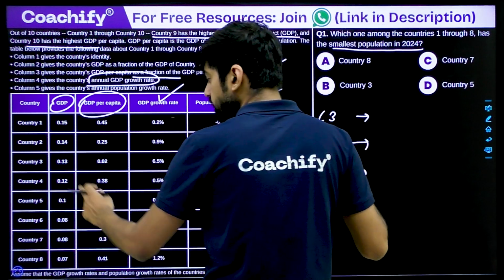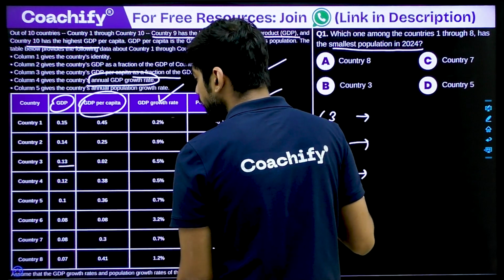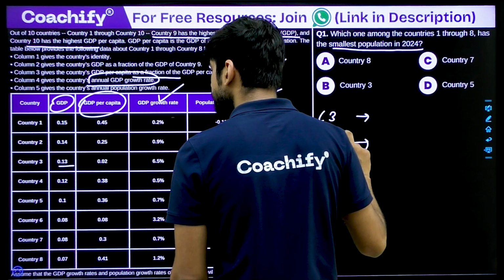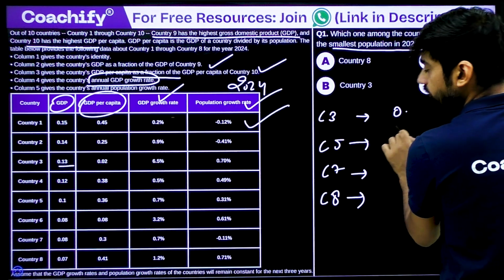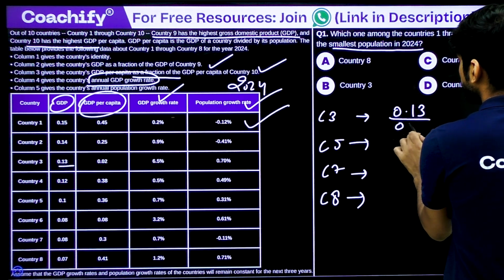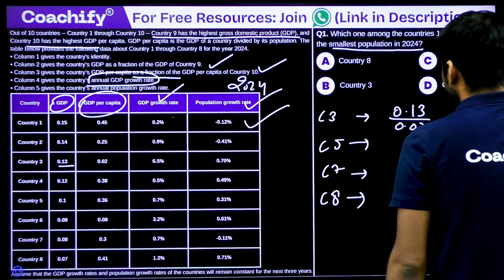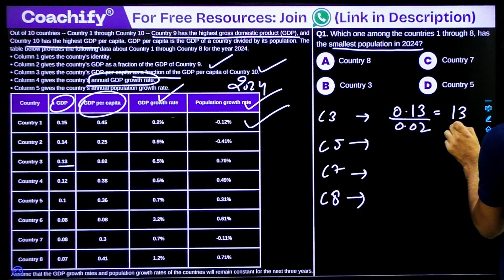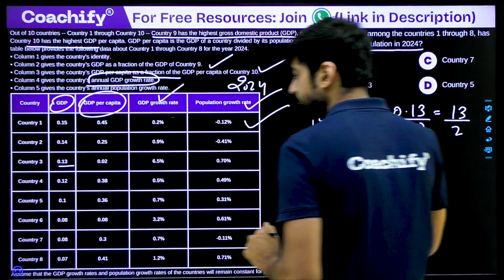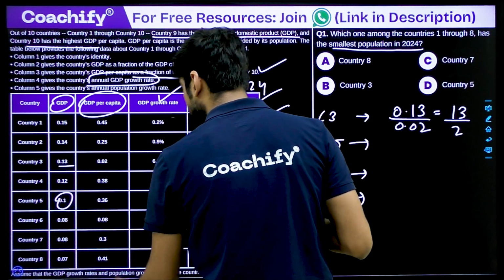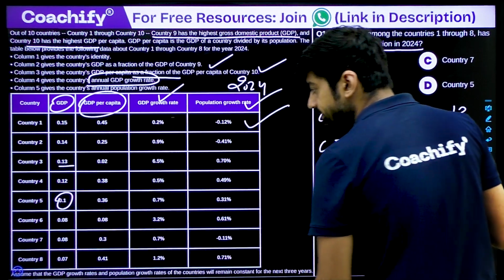Okay. So C3, GDP value is 0.13 and GDP per capita is 0.02. So this becomes 0.13 divided by 0.02. Okay. So this becomes 13 by 2. Nice. Then we have country 5. So for country 5, we have 0.1 and 0.36.